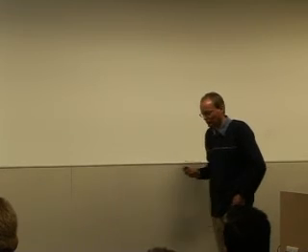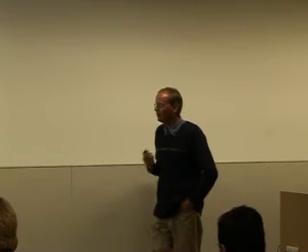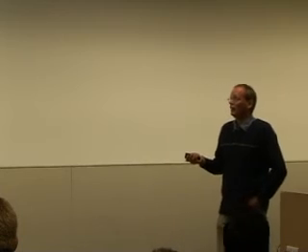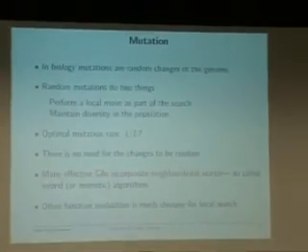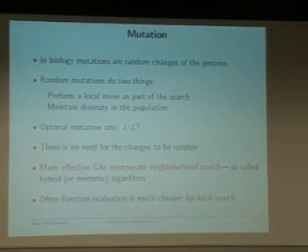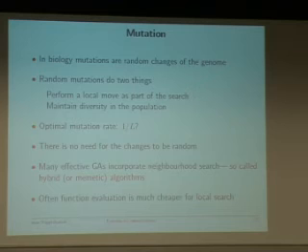There's no need to make the changes random. If you're an engineer and not a biologist, you can think of doing cleverer things, and many of the most effective GAs incorporate a natural search operator which is actually doing a series of good moves for you. So it's doing some neighborhood search, and these are often called hybrid algorithms.